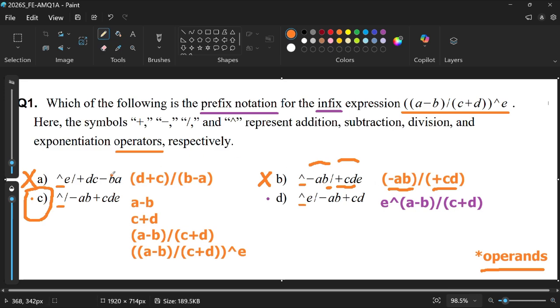The next choice is A, and if we look at the pattern again, after the raised to symbol, you have the E, and then you got the divide. Afterward, you got the plus sign, and then that's when you get the operands for the plus, which are D and C. And if you make it into this form, it is like this.